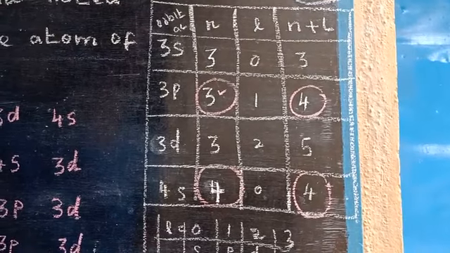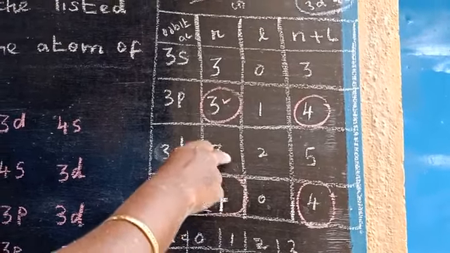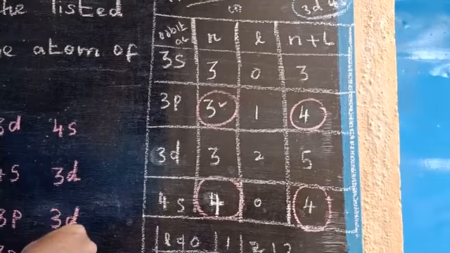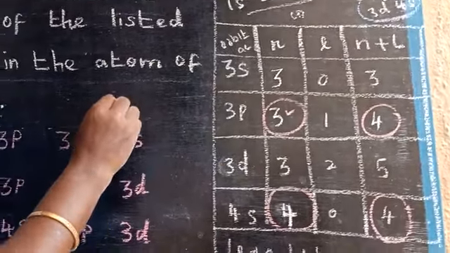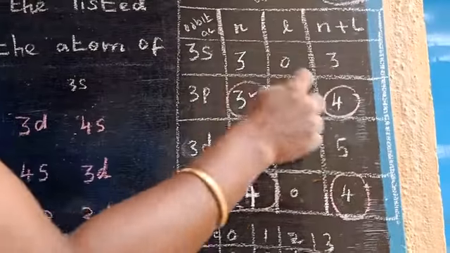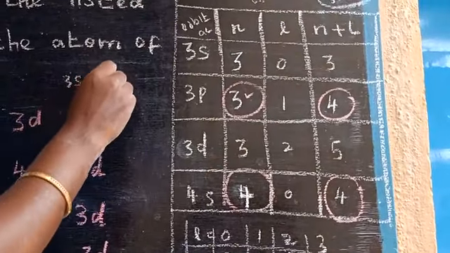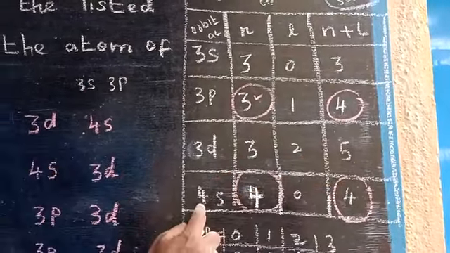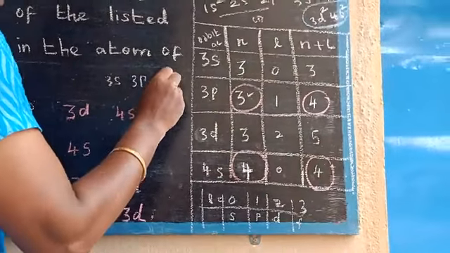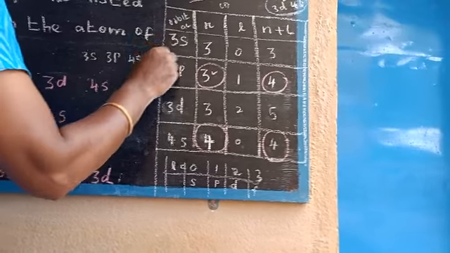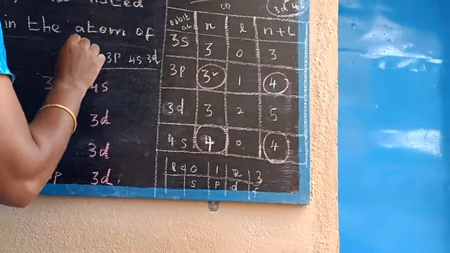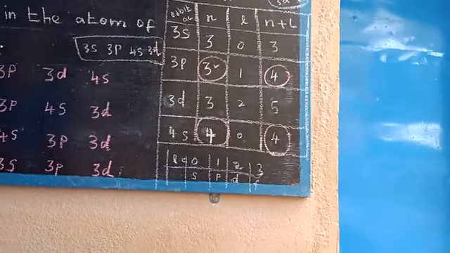Are you clear, children? Next, we write 3d. Now writing the order: first 3s, next 3p, next 4s, and last, with number 5, 3d. So this is the way to find out the correct increasing order.